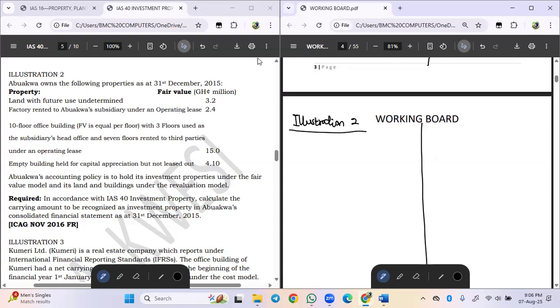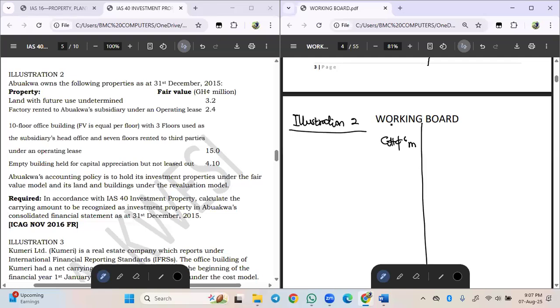Okay, illustration 2. Ibuakwa owns the following properties as at 31st December 2015. We have property, land with future use undetermined. Then we have a factory rented to Ibuakwa's subsidiary under an operating lease. A 10-floor office building. Fair value is equal per floor, with 3 floors used as the subsidiary's head office and 7 floors rented to third parties under an operating lease.